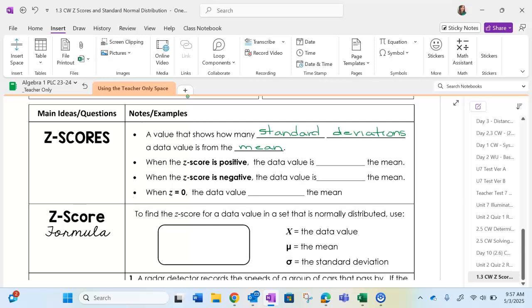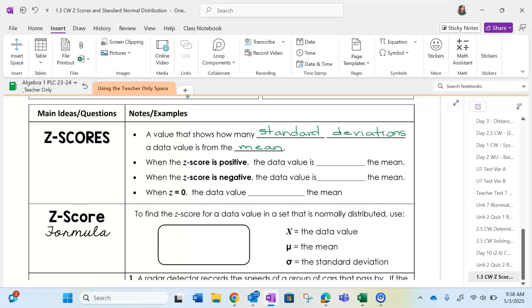So we have done 1 standard deviation, 2 standard deviations, 3 standard deviations, but sometimes it's not that exact. So we have to figure out what the z-score is and what it represents if it's not exactly 1 standard deviation or 2 or 3. Okay, it could be in between. It could be 2.33. So that's what we need to figure out.